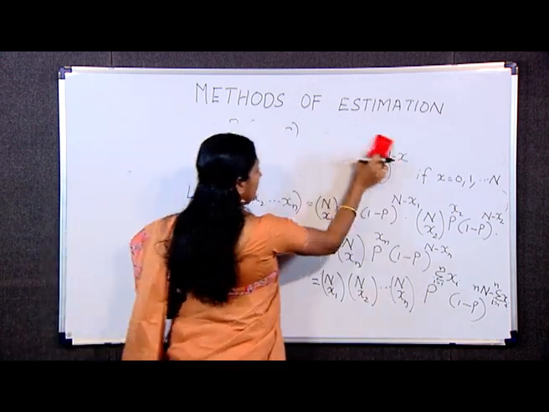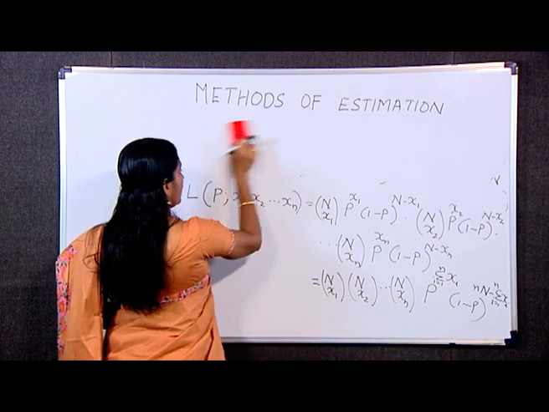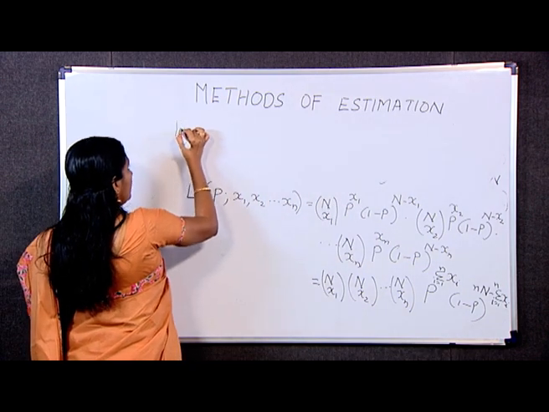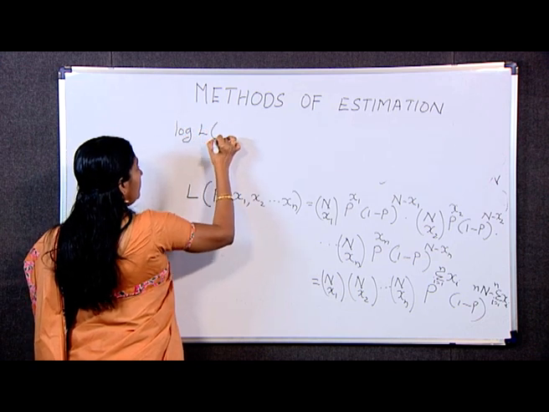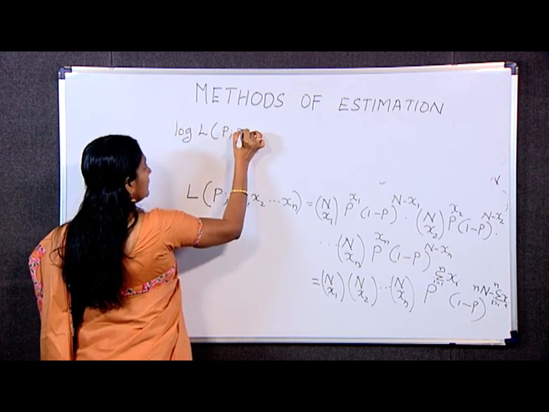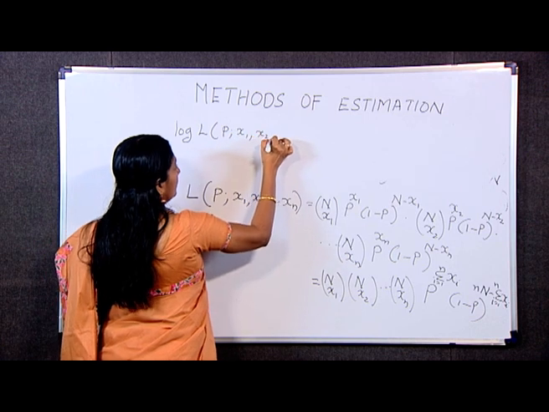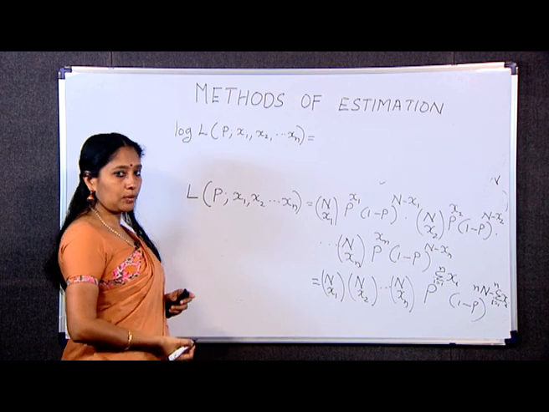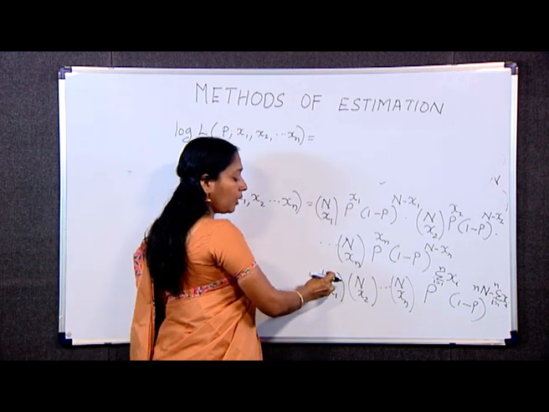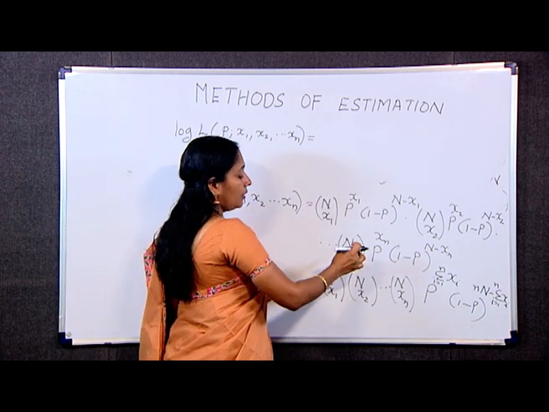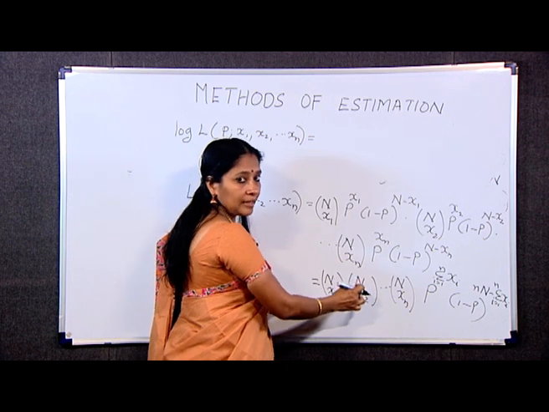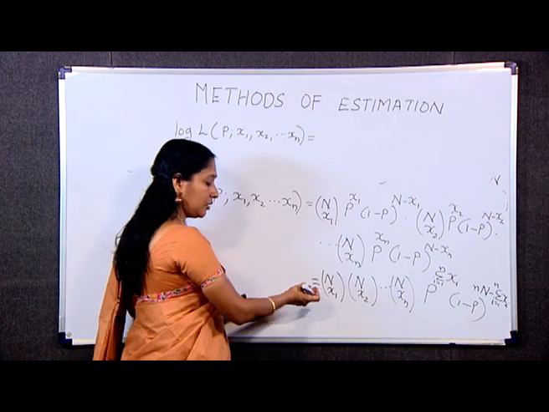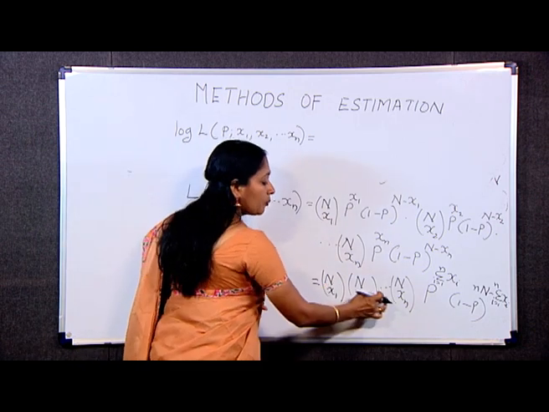Let us take the logarithm of this likelihood function, and hence log L(p; x1, x2, etc., xn) is equal to the logarithm of NCx1 into NCx2, etc., NCxn, and it is the logarithm of a product.